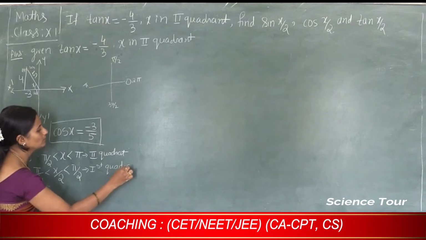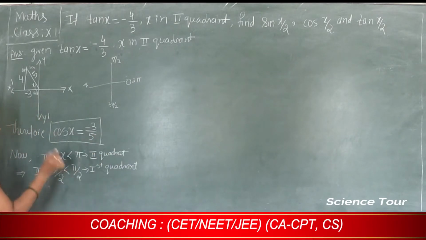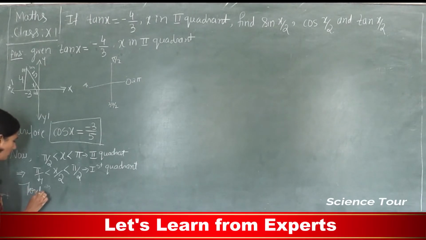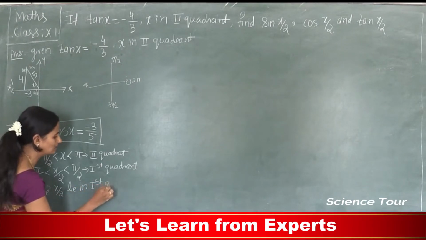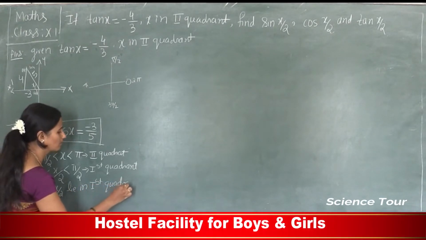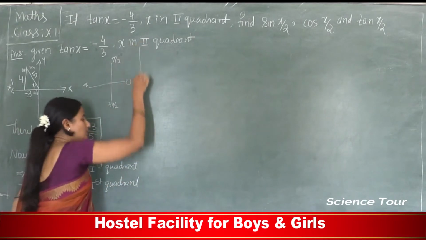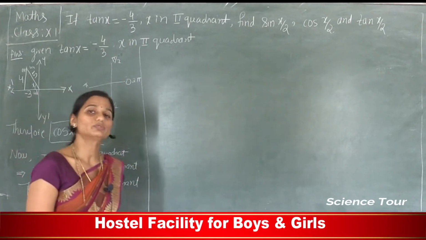So therefore x by 2 lies in the first quadrant. Clear this? Remember this one. First quadrant.